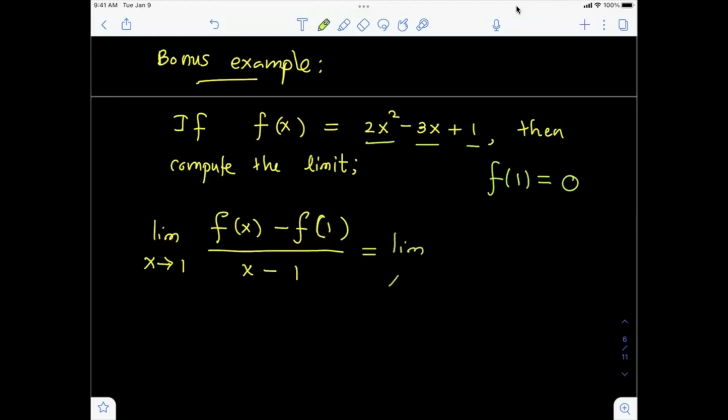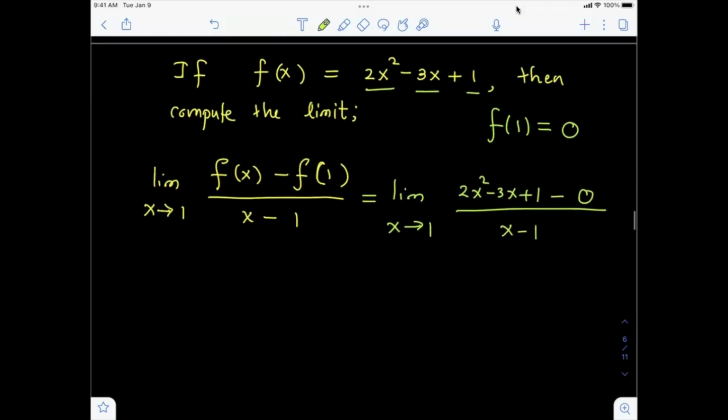Limit as x goes to 1, you do have f of x, 2x squared minus 3x plus 1 minus, right? So this is nothing other than f of x. And this term is none other than just 0. The whole thing is divided by x minus 1.